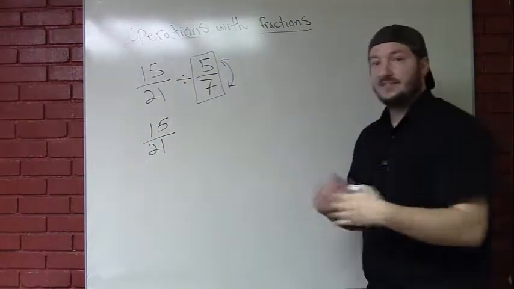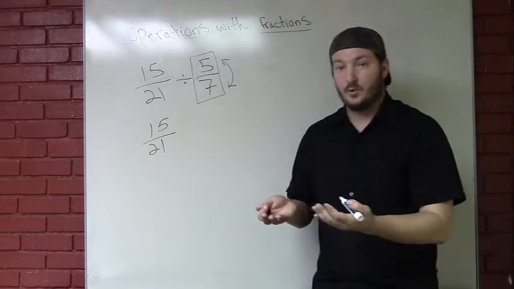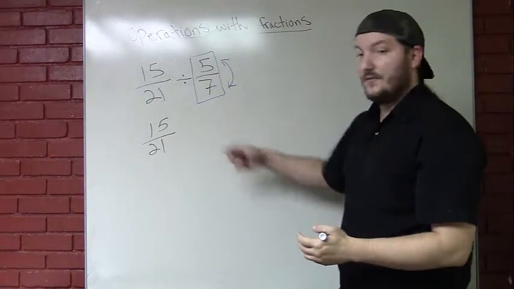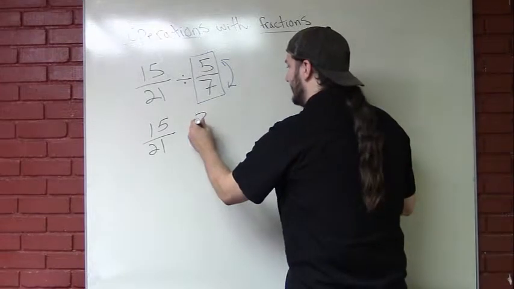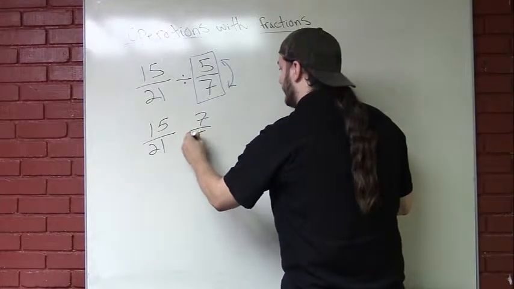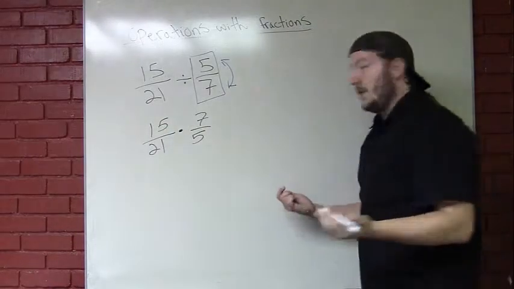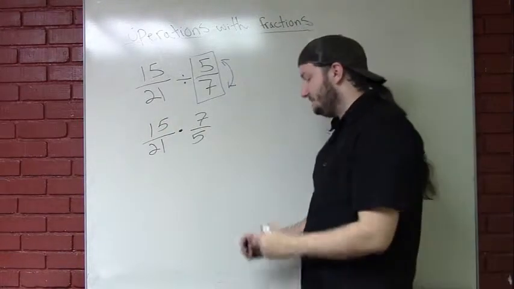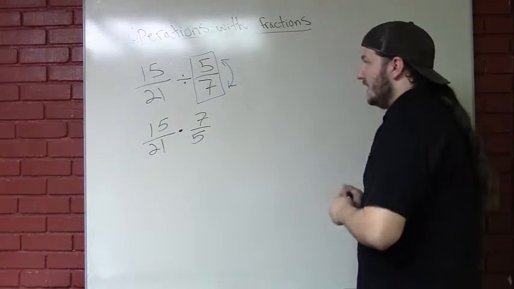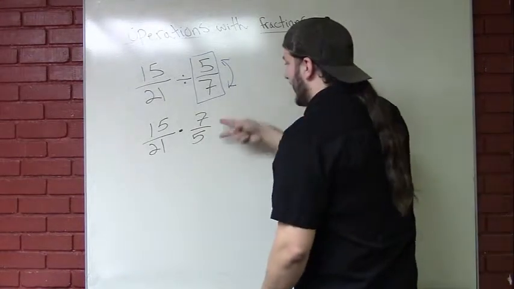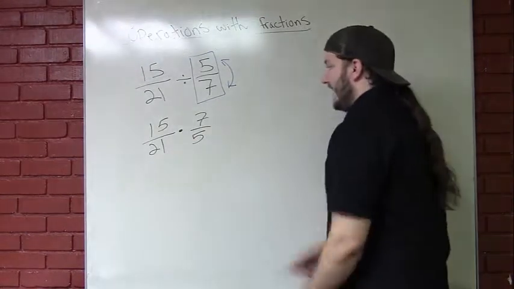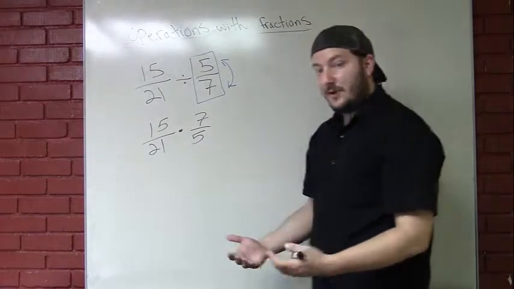It's called reciprocating. So you're going to do the reciprocal of 5 over 7, which is 7 over 5. And instead of a division, you just make it times. There we go. We're multiplying again. Okay? So, again, you just flip that back guy, pop it there, and put a multiplication symbol, okay?